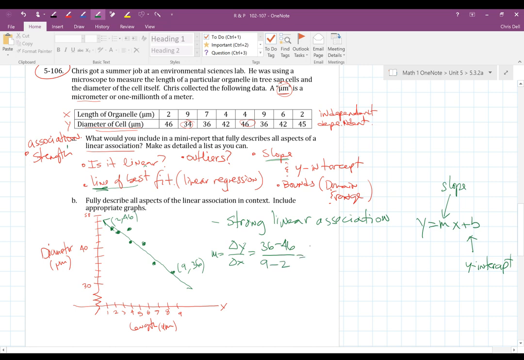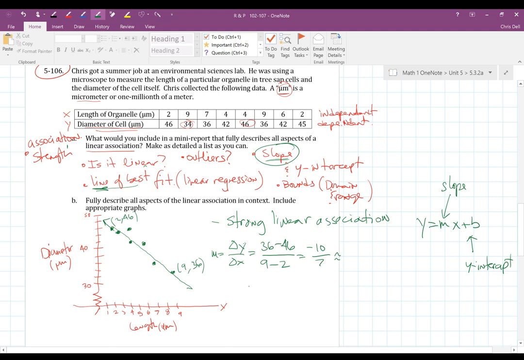That gives negative 10 over 7. If we wanted to, we can put that as a decimal to see what it really represents, so I might do that when I interpret my slope. But in my equation, I'll leave it as a fraction.